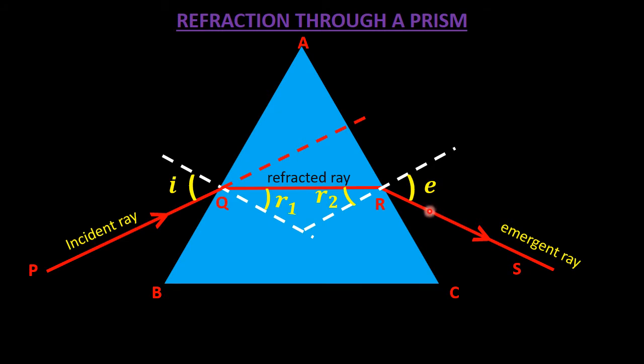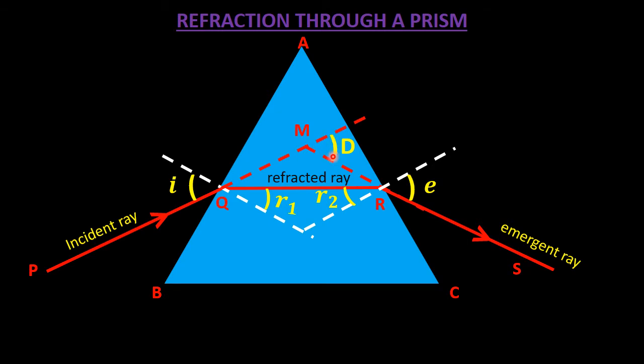And when we produce this emergent ray backward here, it meets the direction of the incident ray at the point M, making an angle D with the direction of the incident ray.